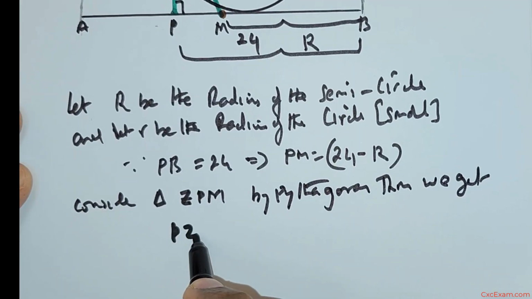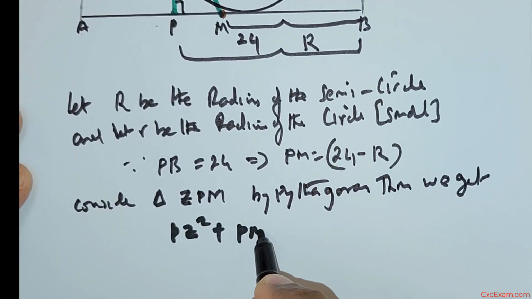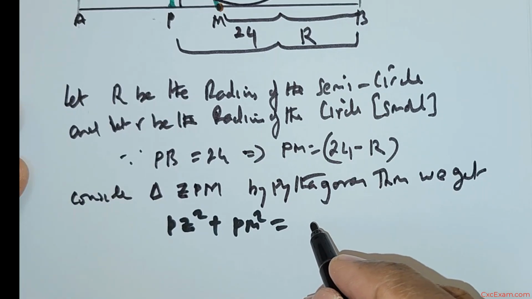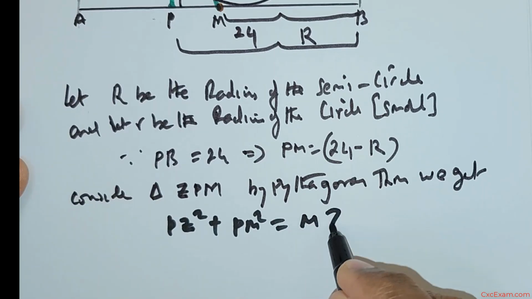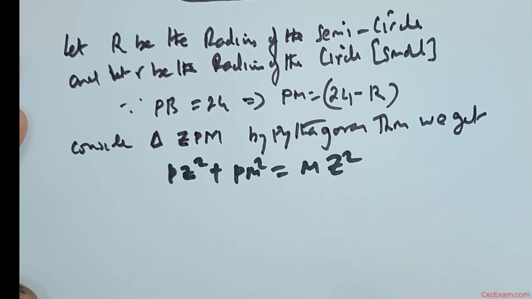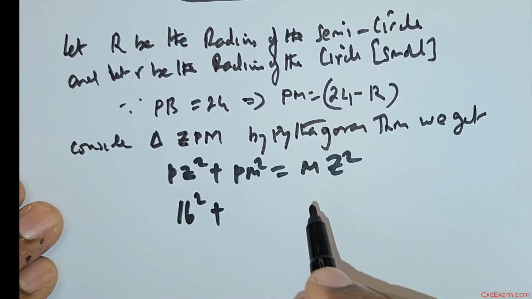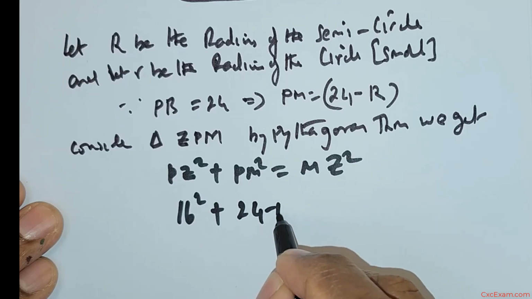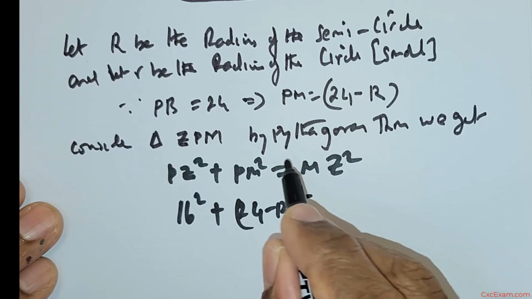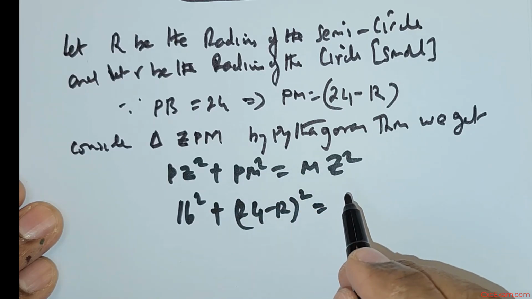So we have PZ squared plus PM squared is equal to MZ squared, right? So PZ squared is 16 squared, PM squared is (24 minus R) raised to the power of 2, since you have a square there.